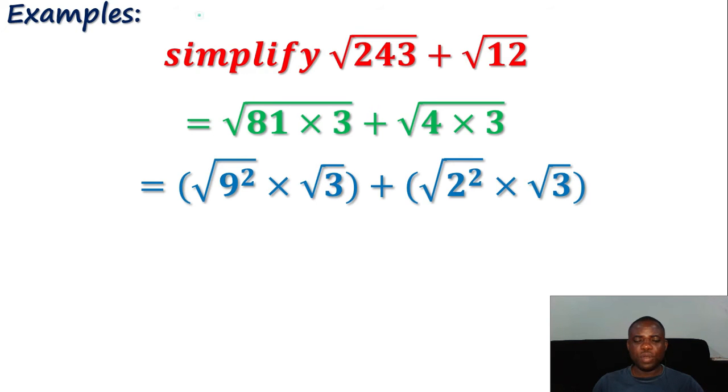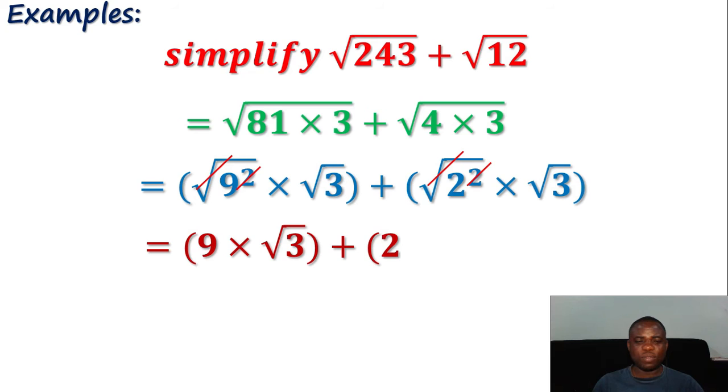Alright, so going further, realize that, like we said earlier on, anytime you have a square root and an exponent of 2, the square root and then the exponent will cancel out, leaving the figure under the square root standing all alone. So this will lead us to 9 times square root of 3 plus 2 times the square root of 3.